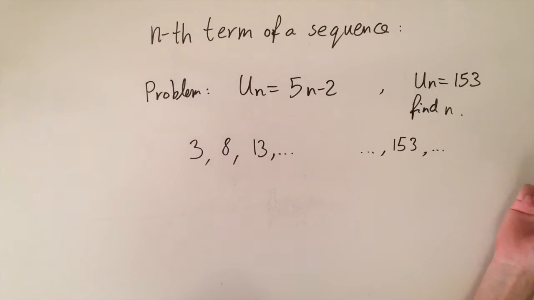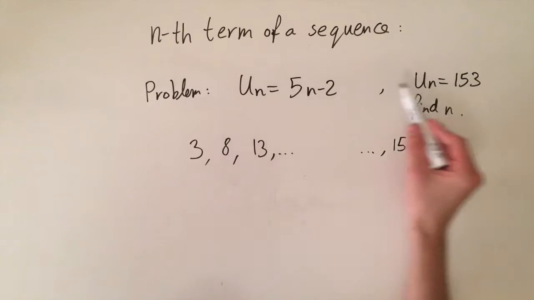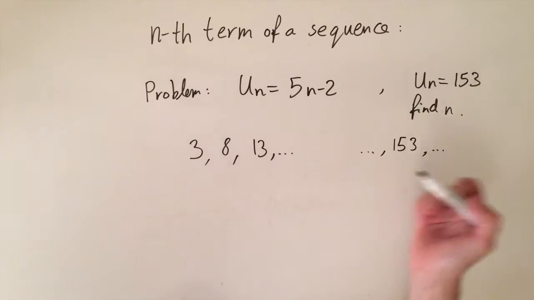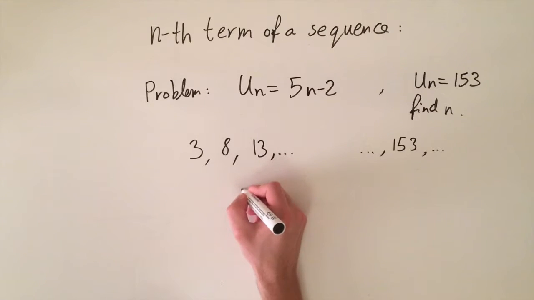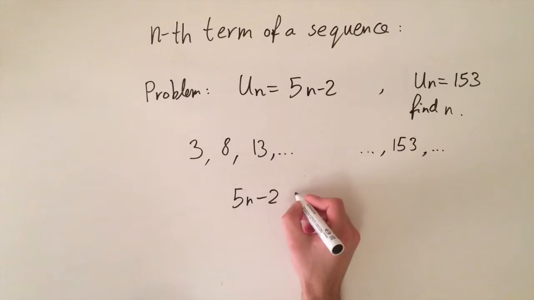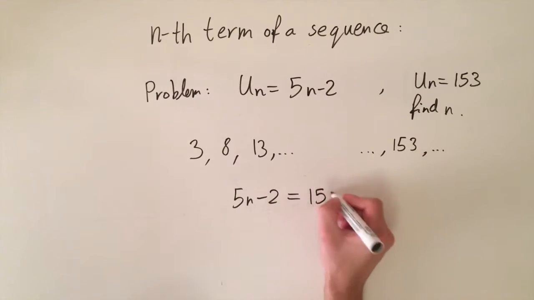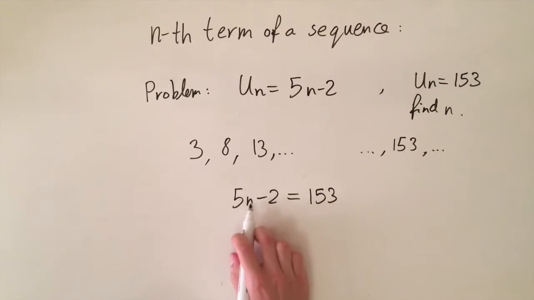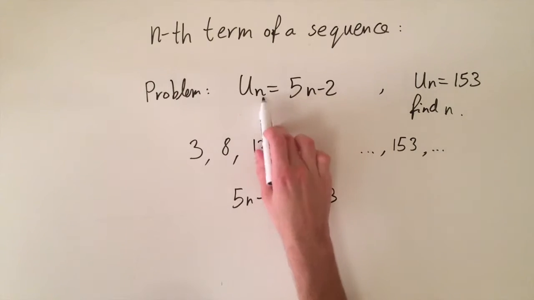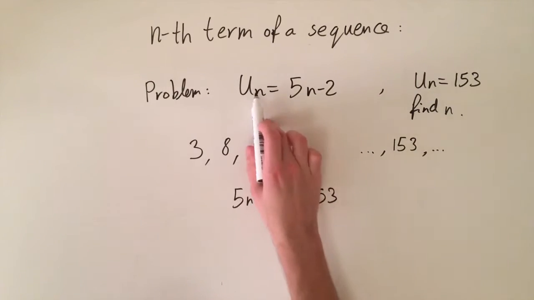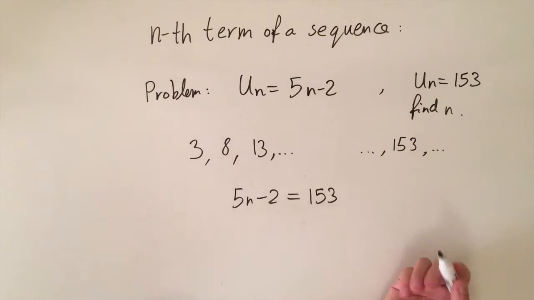The way to find the solution isn't as bad as you think. We just set these two formulas equal to each other. So we write 5n minus 2 is equal to 153. And now we just solve for n. Solving for n is going to give us the position in the sequence where 153 appears.